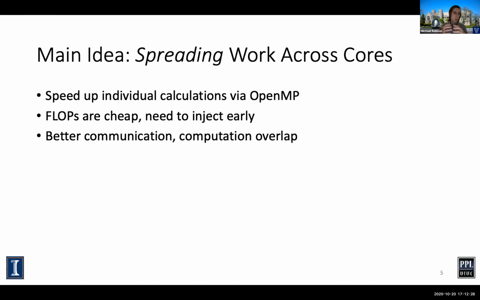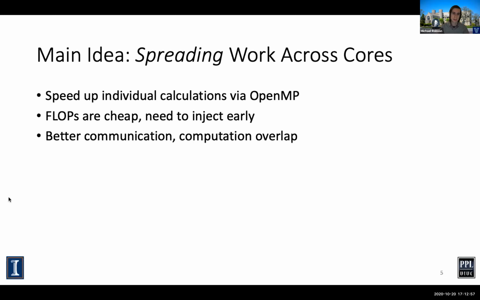We'd like to have a steady, continuous trickle of data and packets and information onto the network flowing everywhere, as opposed to big bursty dumps of information that then make the network the critical path. So what we're going to look at today is using OpenMP to speed up individual compute loops, and then combining it with the Charm approach to get better communication computation overlap.